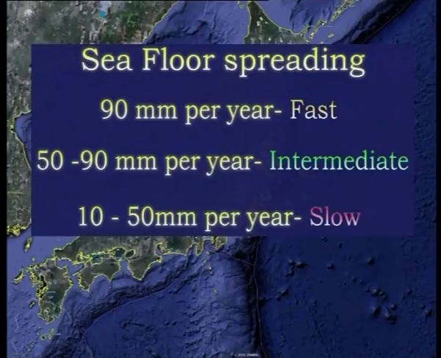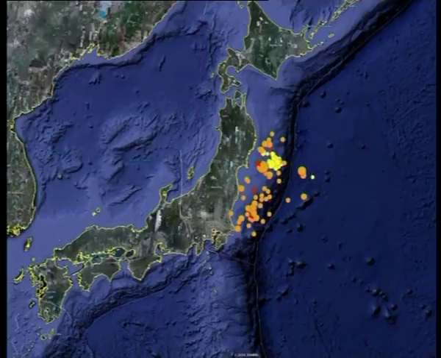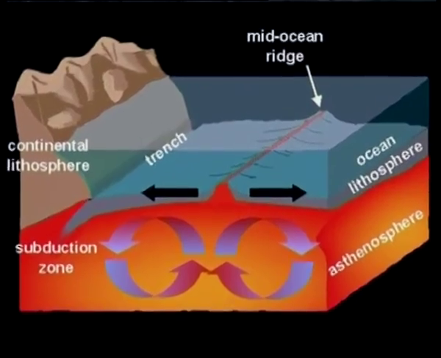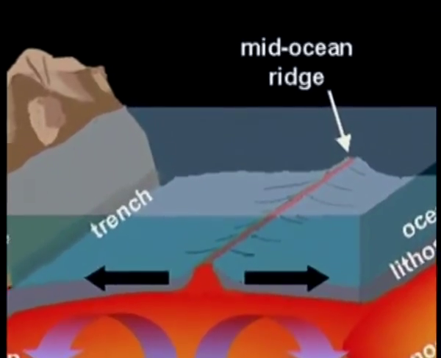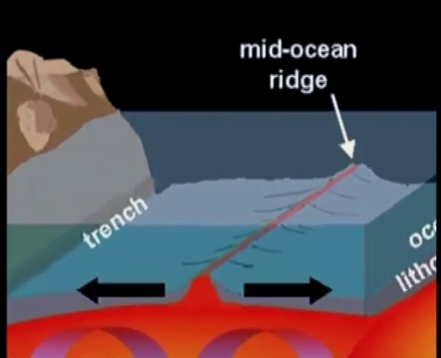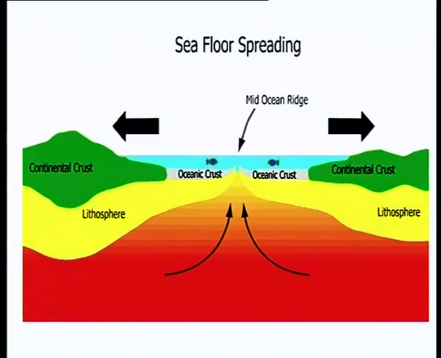The topography of the ridge crest and the slope on the flanks is also controlled by the spreading rate. When the spreading rate is slow, there is a very deep valley and a highly irregular topography along the ridge crest.